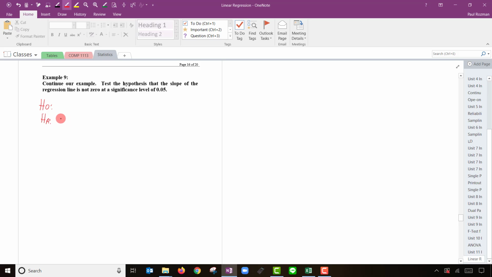The slope parameter is beta. The null hypothesis is that it is 0. That's step 2. Step 1 is what the claim is. Then move on to step 3, pick a significance level. I hate to write alpha because these parameters are also alpha and beta, so I'm just going to say significance.